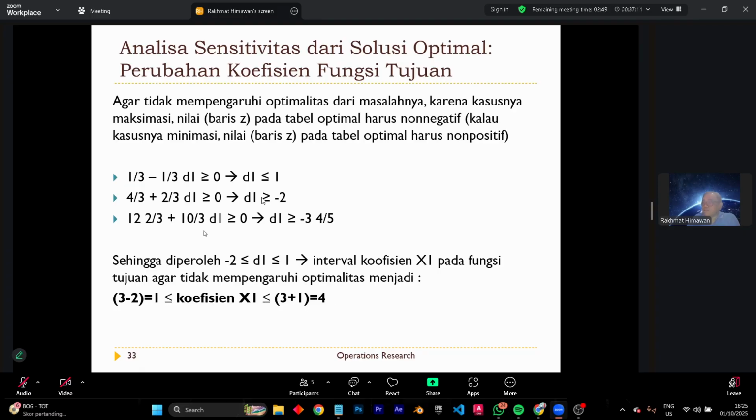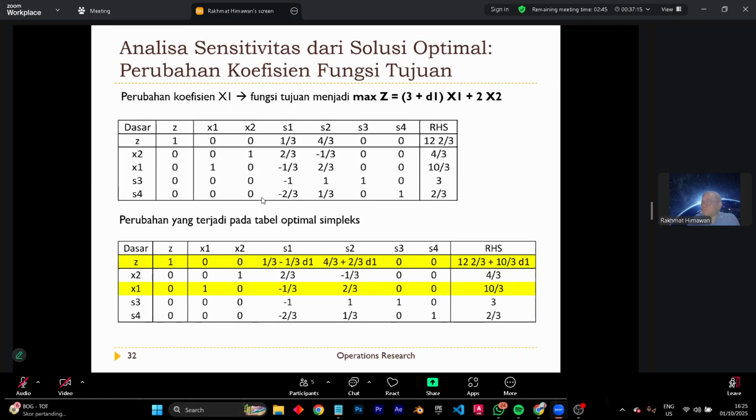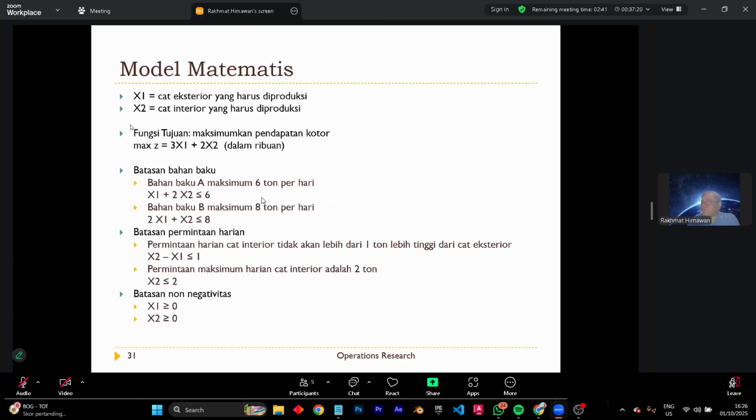So if your manager asks, okay, it looks like the revenue of X1 is not going to be 3,000, it might be reduced to 2,000 because of some strategy of the company to use the revenue for other purposes.